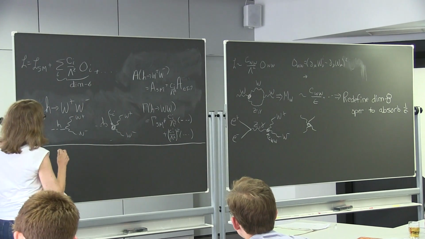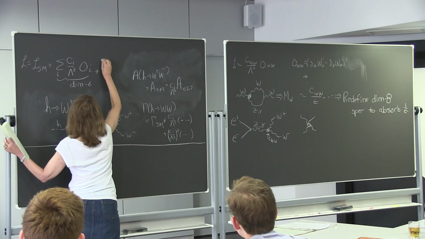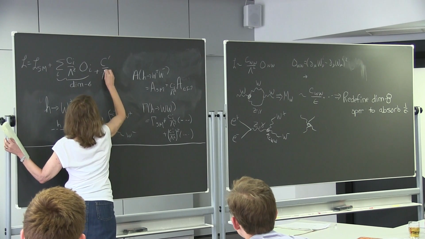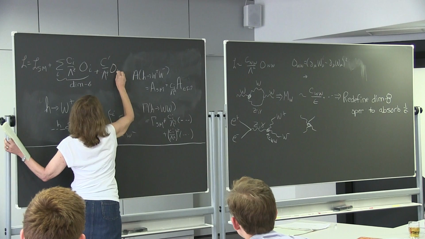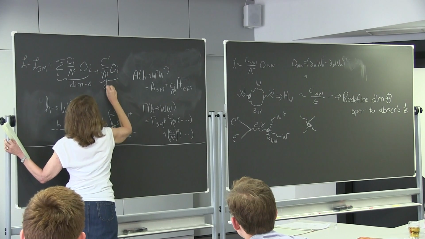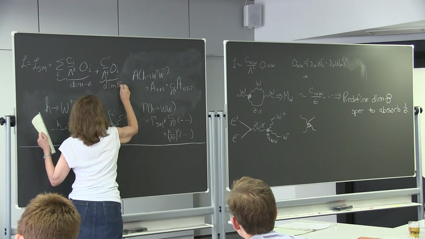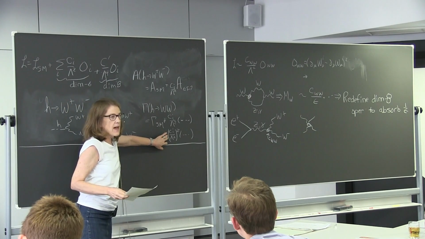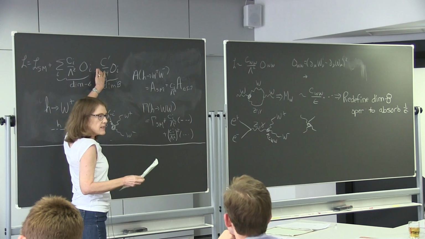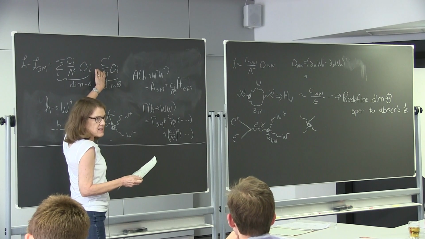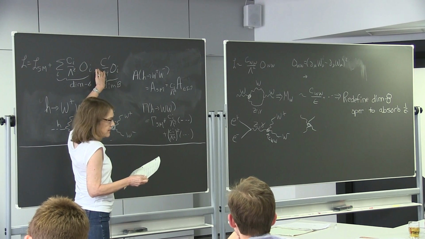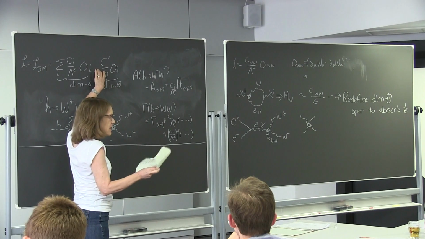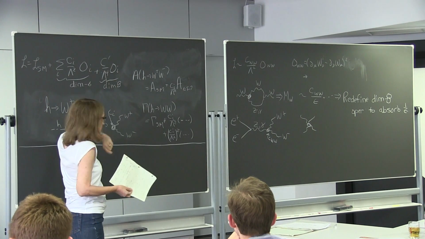But that's exactly the same size as the C prime over lambda to the 4th dimension 8 operators, right? So when I'm trying to look for new physics, this term, which I've decided to include, is the same size as this term, which I've decided not to include. Yeah, you're starting to see why this stuff is kind of messy, right? So you can't do that.